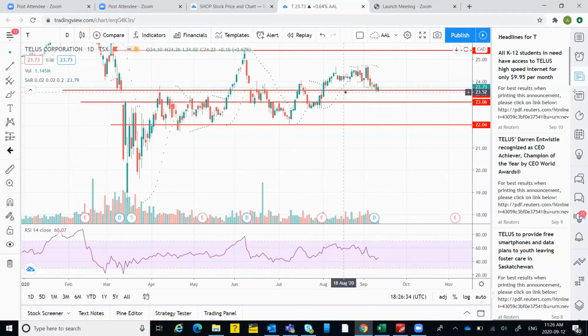From this support line it seems that it has taken support, and the next day a candle has been formed, which is positive, a green candle, and it seems that it has started going up. So it may take a further upside resistance at 24, and then the next level maybe like 24.6.